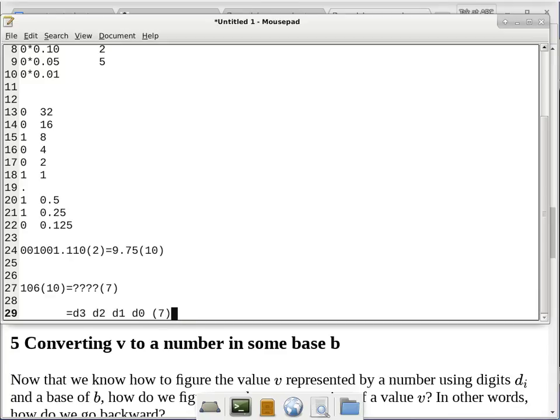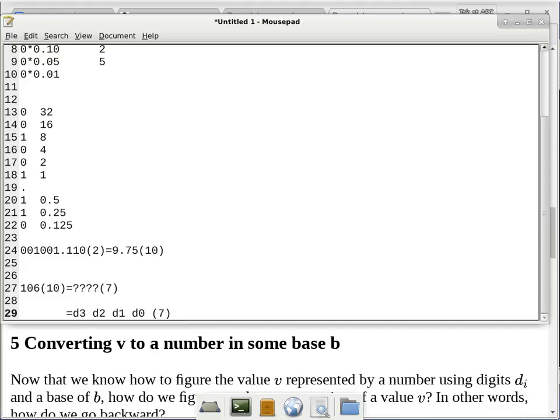So I want to convert 106 in base 10 to a 4-digit base 7 number, like that. D3 all the way down to D0, each one is an individual digit in base 7. So are we okay with that concept? Because unless we understand what we are about to do, it makes no sense to continue. Is that okay? All right.